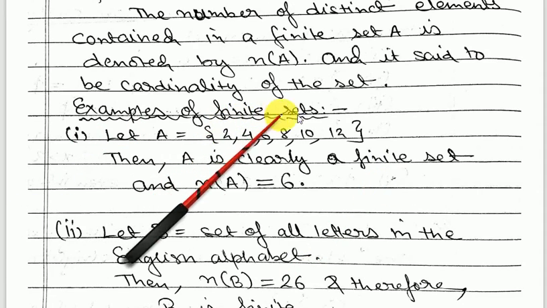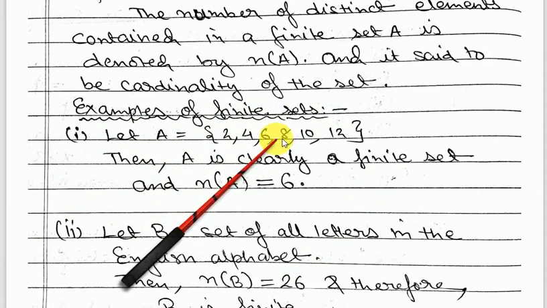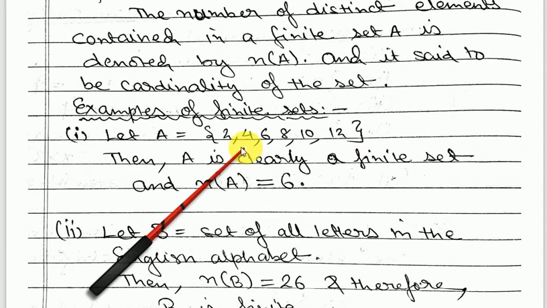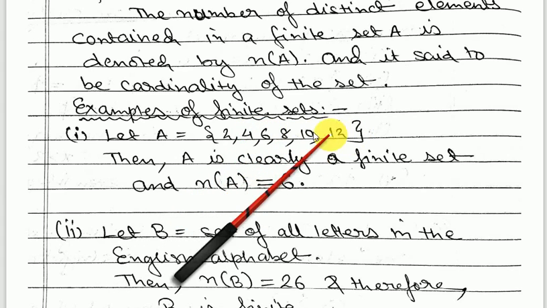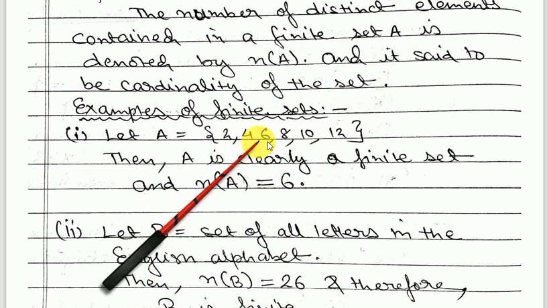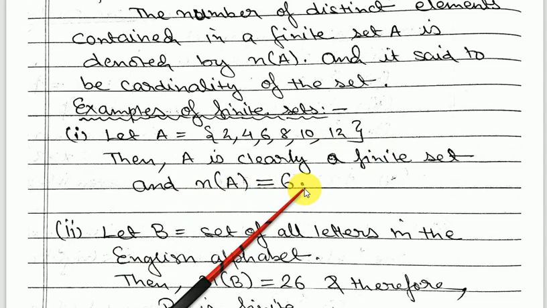Examples of finite sets: set A is 2, 4, 6, 8, 10, 12. If you start counting the elements, 1, 2, 3, 4, 5, 6, your counting process comes to an end. So this is a finite set, and there are 6 elements. We write n(A) equal to 6.